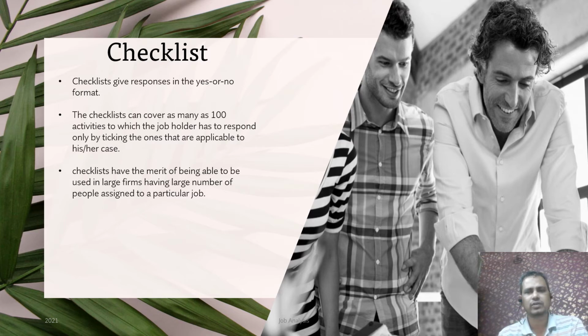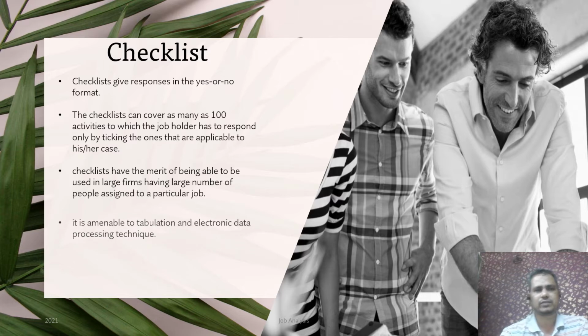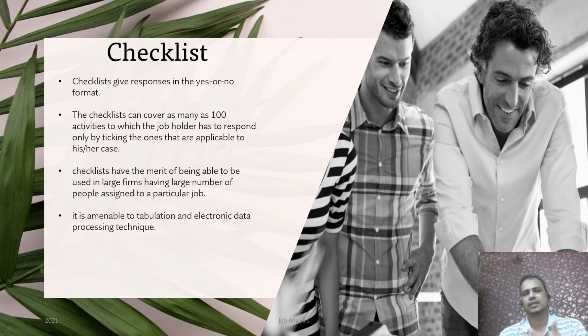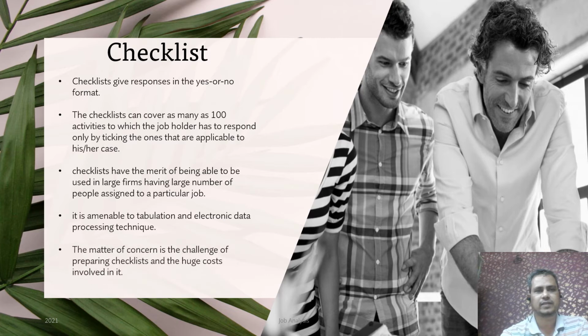So if you're analyzing a particular job, you can gather information about that job from multiple people, right? So that is one positive aspect. And even the tabulation or organizing of the data you have gathered becomes very simple and easy with the checklist method.